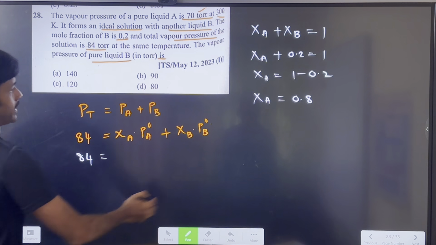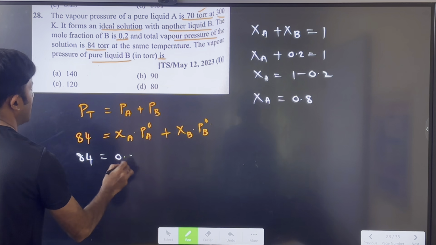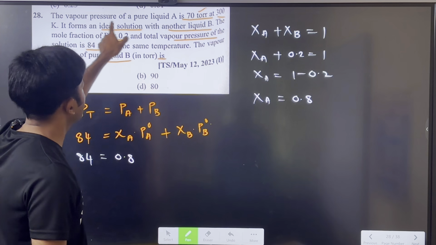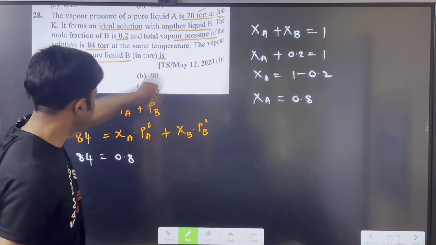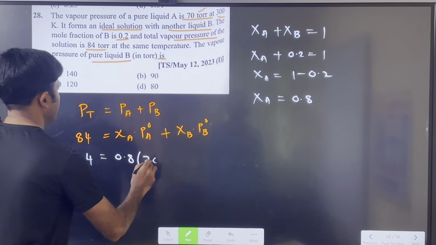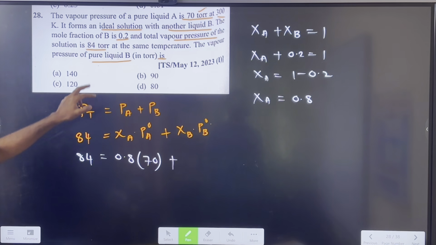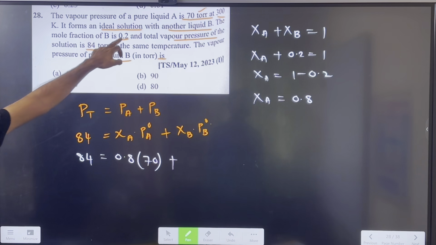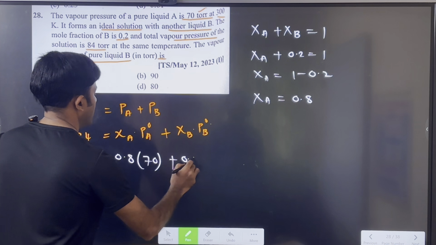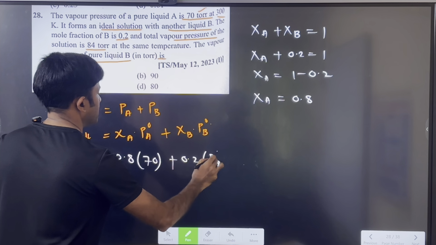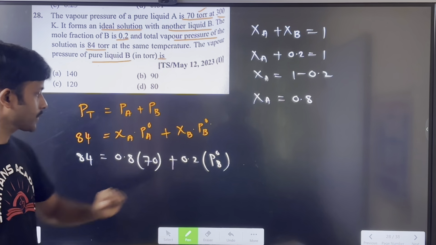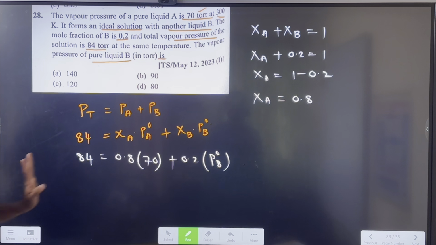The mole fraction of A we got now is 0.8, and the pressure of pure liquid A is 70 torr. So into 70 plus the mole fraction of B, that is 0.2, into the vapor pressure of pure liquid B, which we need to find. Just calculate this and you will get the answer.